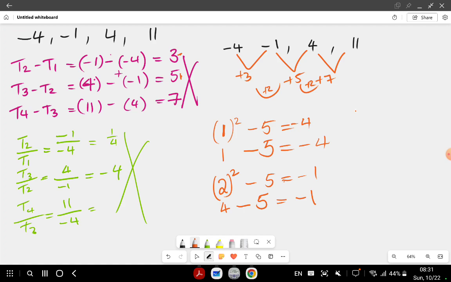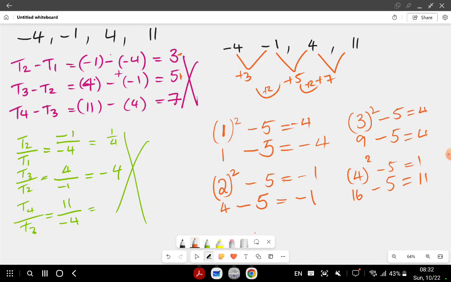Let's check position 3. 3 squared is 9. 9 minus 5 is 4. So that's what I want. And 4 squared is 16. 16 minus 5 is 11.